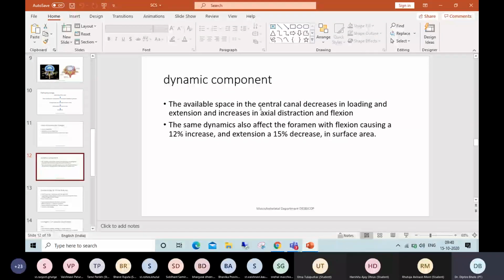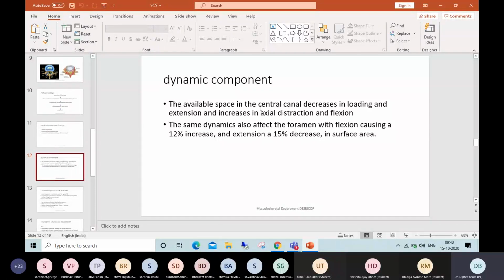It has been seen that further compromise tends to occur when the individual is loaded, in the loading phase, when there is a lot of compression exerted onto the spine, and of course during extension biased activities. So we may be talking about a person who is walking or being in the upright position for a longer period of time, where the lordosis, the natural curve of the lumbar region, is assumed, and that is a position of extension.